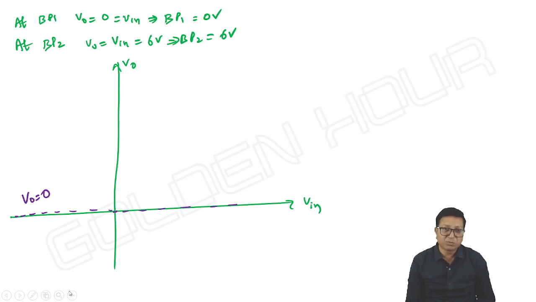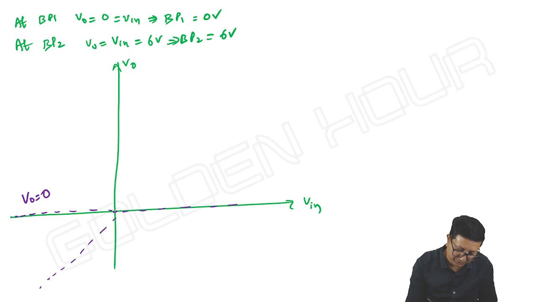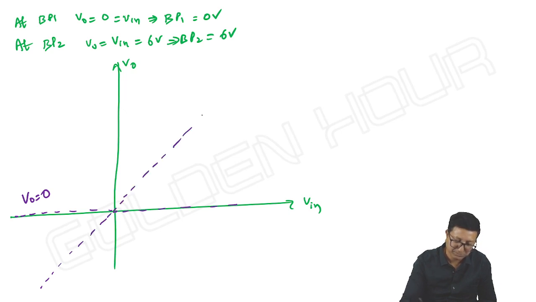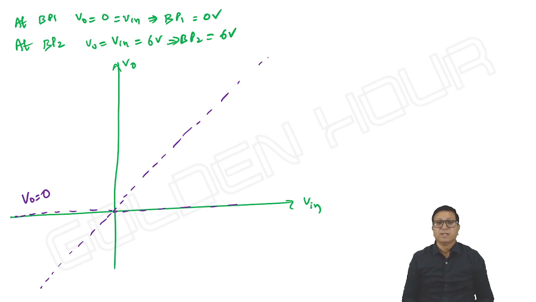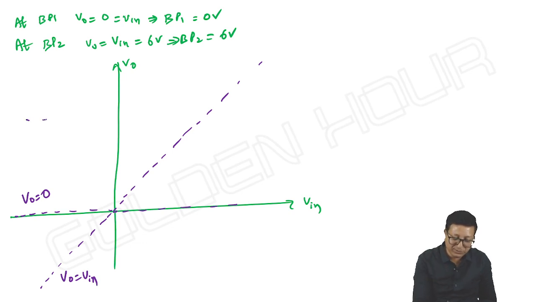Second case, output is equal to input. And third case is V output is equal to 6 volts.